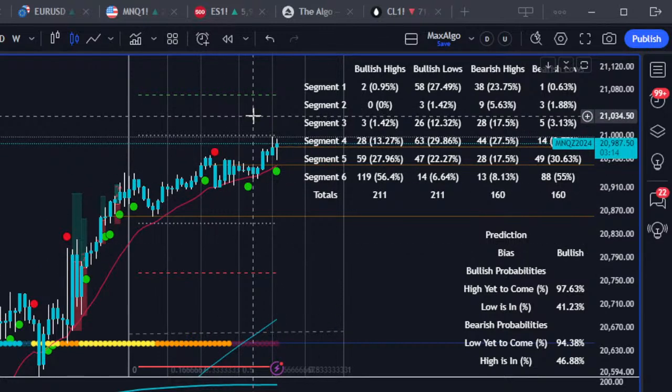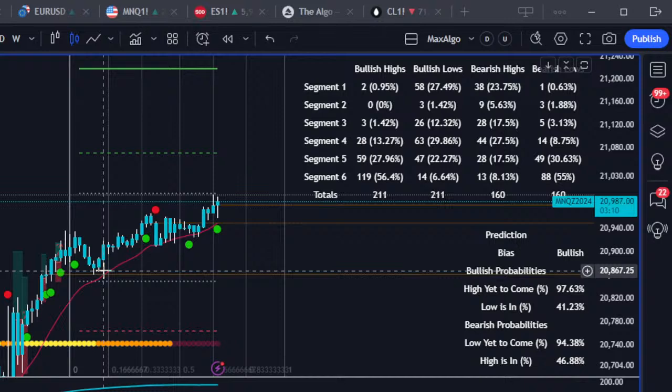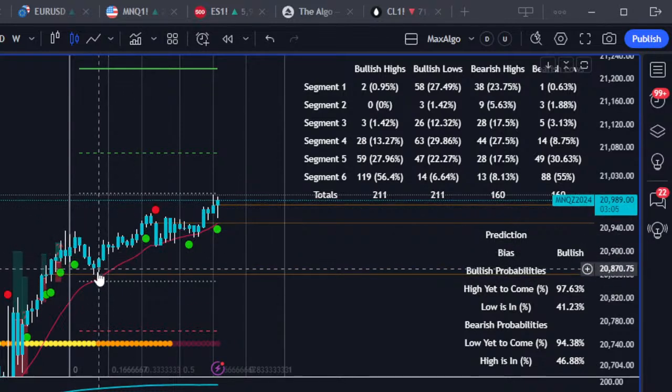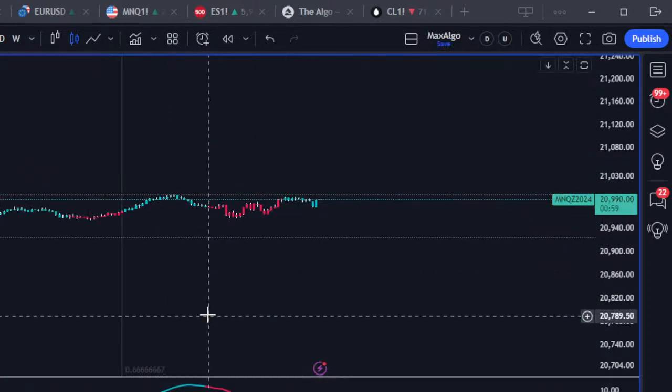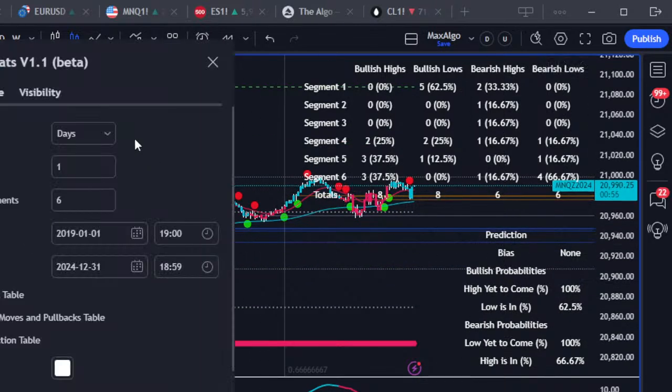We're on a sequence 1 for the daily. Sequence 1s a lot of the time end up low in the first segment, high in the last segment. Let's get back to our hourly.